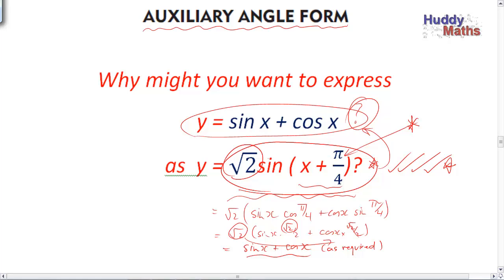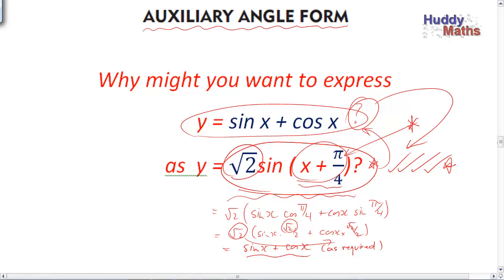Therefore, put a root 2 in front. This function has a maximum of root 2 and a minimum of negative root 2. And it's also a negative pi on 4 translation of sine x. So we can see that the maximum is going to occur at pi on 2 take pi on 4 or pi on 4. Wow! That's all because we were able to change this into this form.